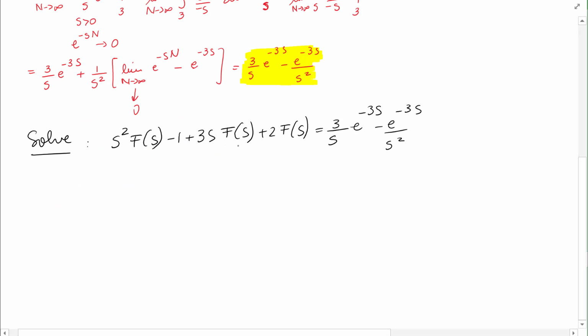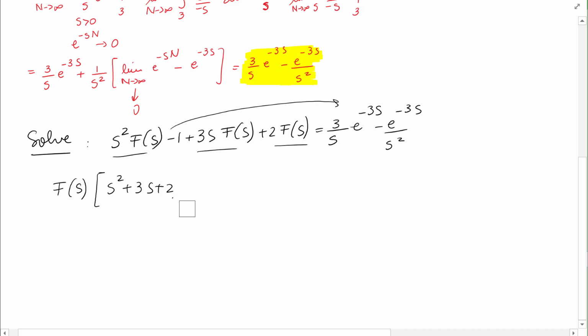So let's solve it. I am going to factor out F of s from all these terms here, and I'm going to obtain s squared plus 3s plus 2. And then I'm going to move this 1 to the other side. I want to have the same denominator, so it's going to be 3s e to negative 3s minus e to negative 3s plus s squared, everything over s squared.